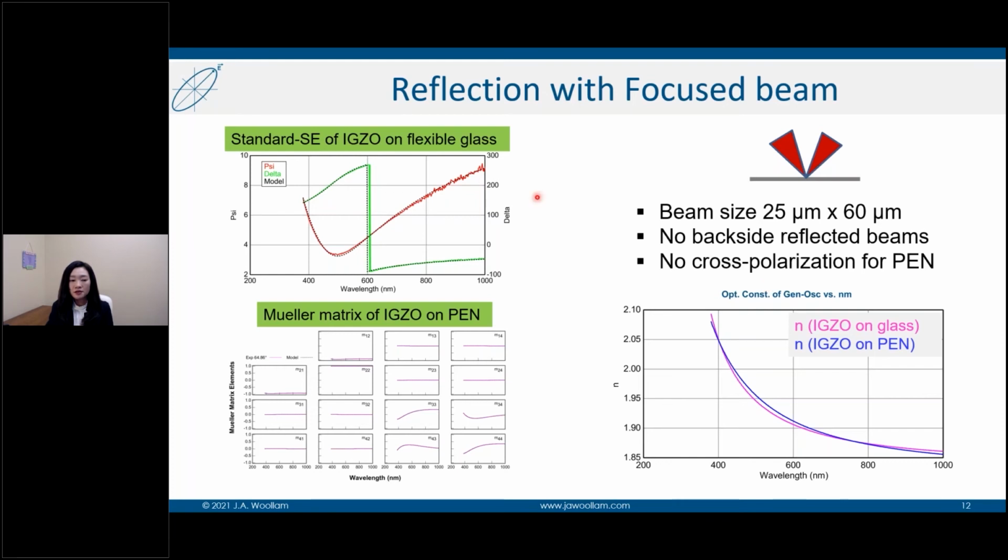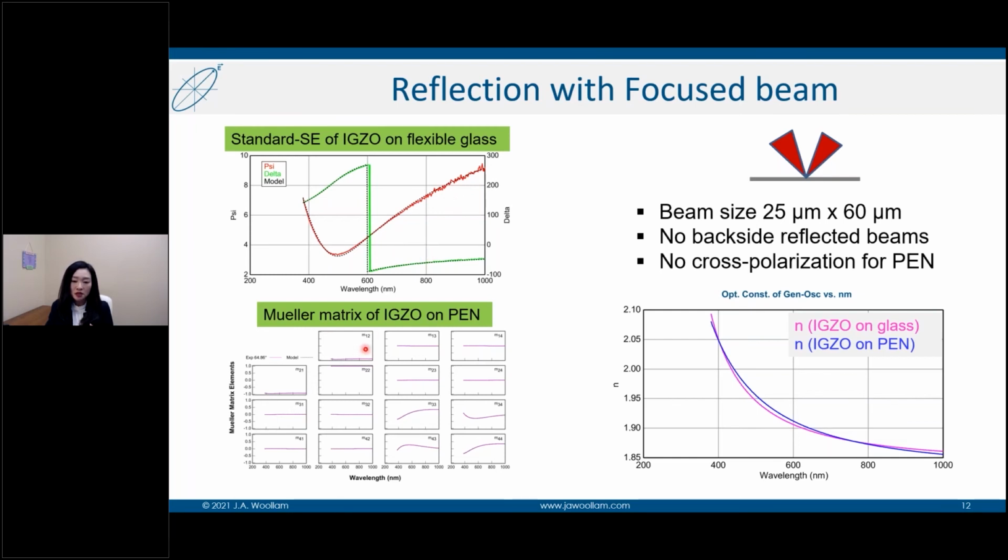However, if the beam size can be reduced small enough so we can avoid the backside reflections, then we can avoid both issues.